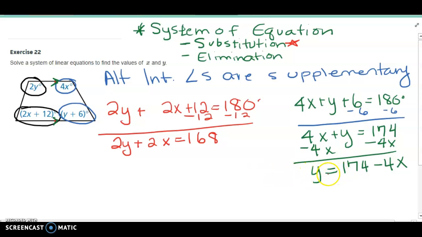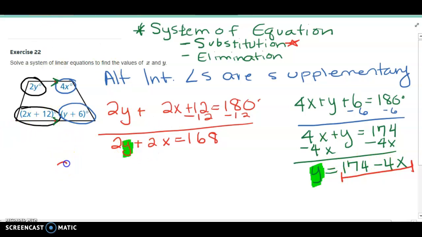All right, because this is in terms of y, here's what y equals, I can plug it in for this y. Since all of this equals y, I can plug it in to this y.